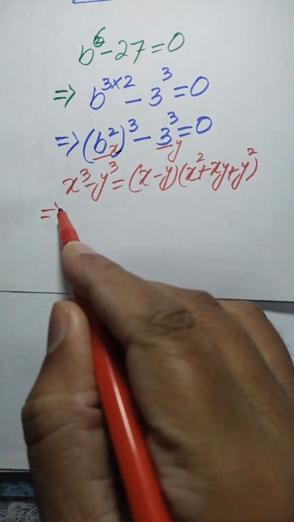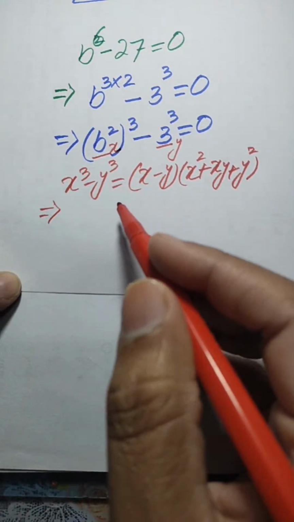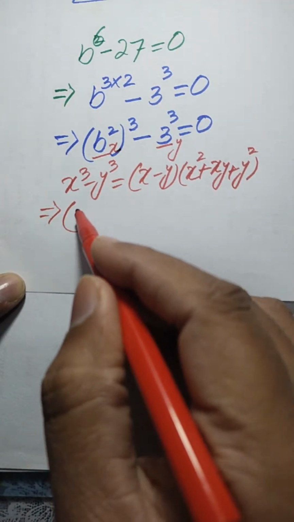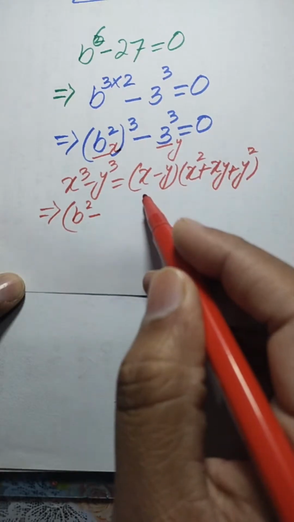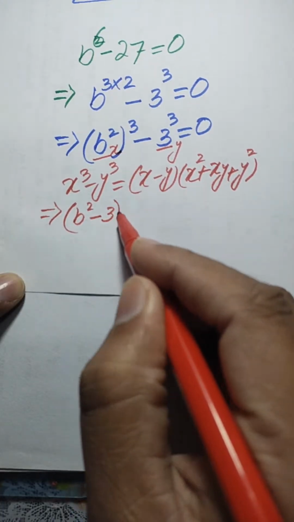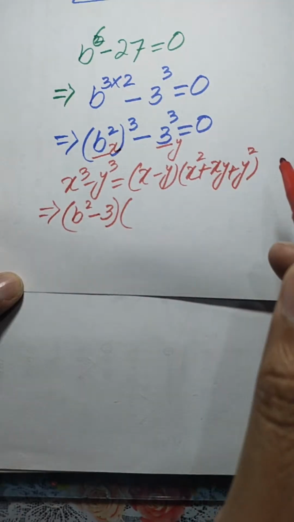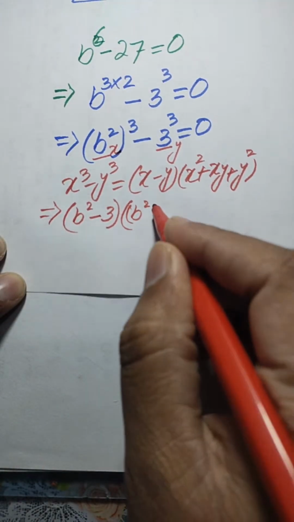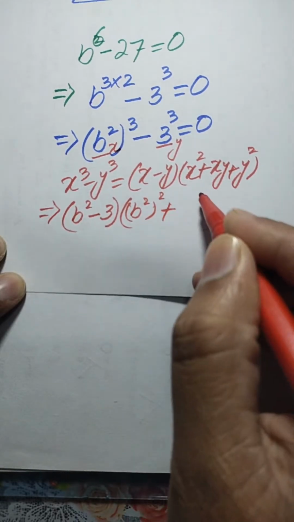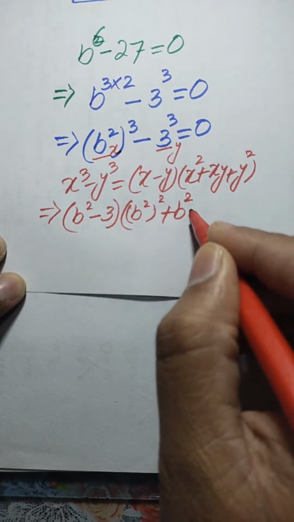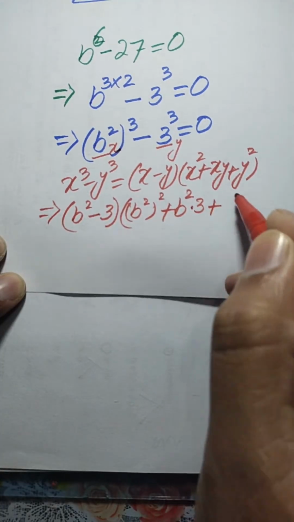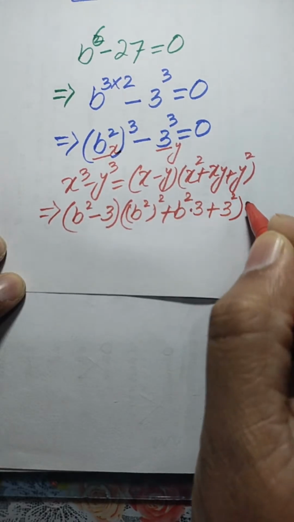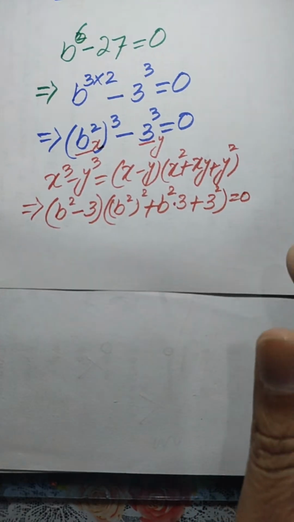our above equation is written as follows. Our first factor is x minus y: the value of x is b squared, minus the value of y which is 3, times x squared: the value of x is b squared and its whole square, plus xy: the value of x is b squared and y is 3, plus y squared: the value of y is 3 and its square, and this whole equation is equal to 0.